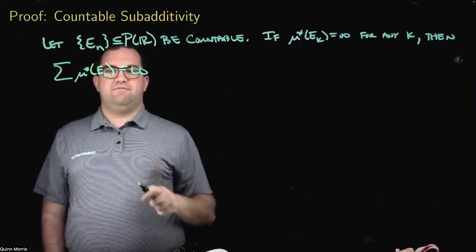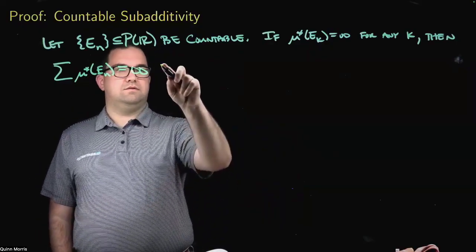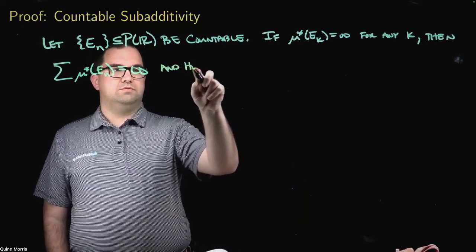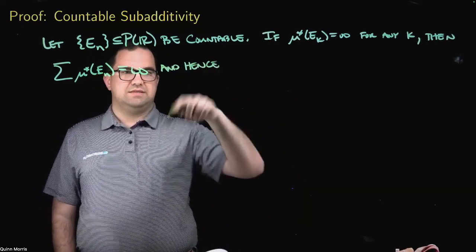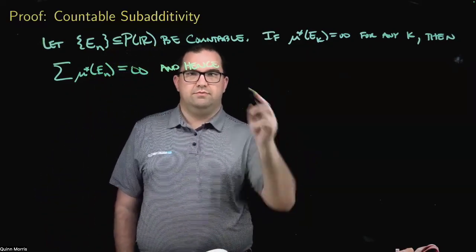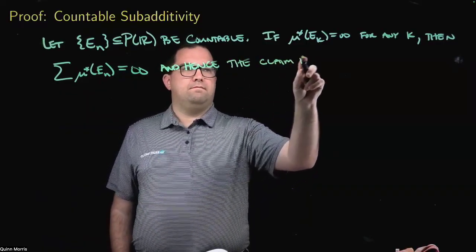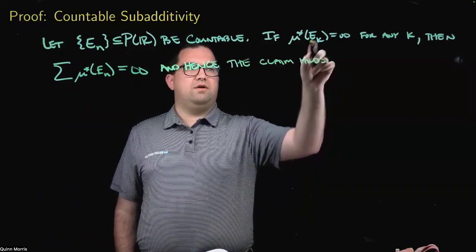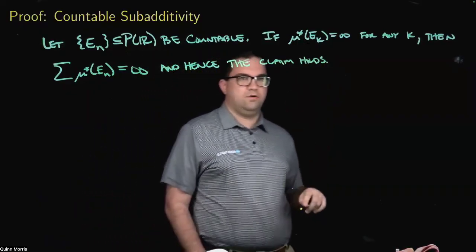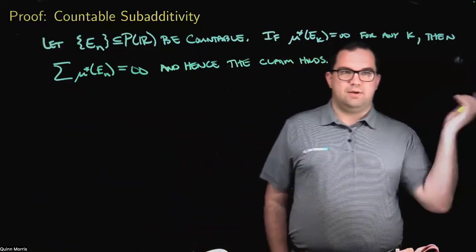That sum is going to be infinite, and hence the claim holds, because on the right-hand side, I have something less than or equal to infinity. Well, that's always true. So if any one of my subsets of R has infinite outer measure, I'm done.